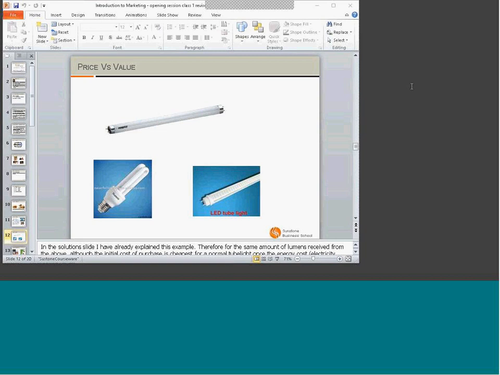A UHD TV with HD, but having no HD channels, is like a waste. There's no point paying the money for that feature if you don't subscribe to HD channels. So this is very important.